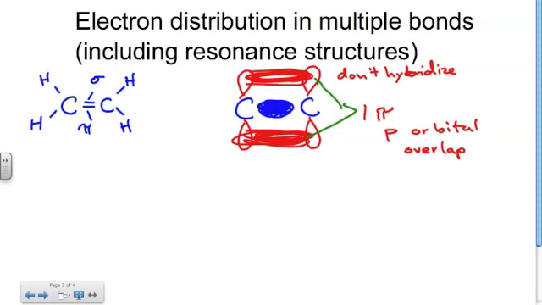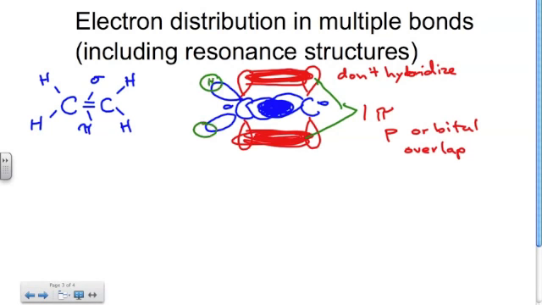Now, if we go and we redraw some stuff, so if you remember, this is carbon, this was one hybrid. So this electron density is the overlap between the hybrid of this carbon. And remember that there are these hydrogens, so there has to be a hybrid orbital here and a hybrid orbital here with our hydrogens.